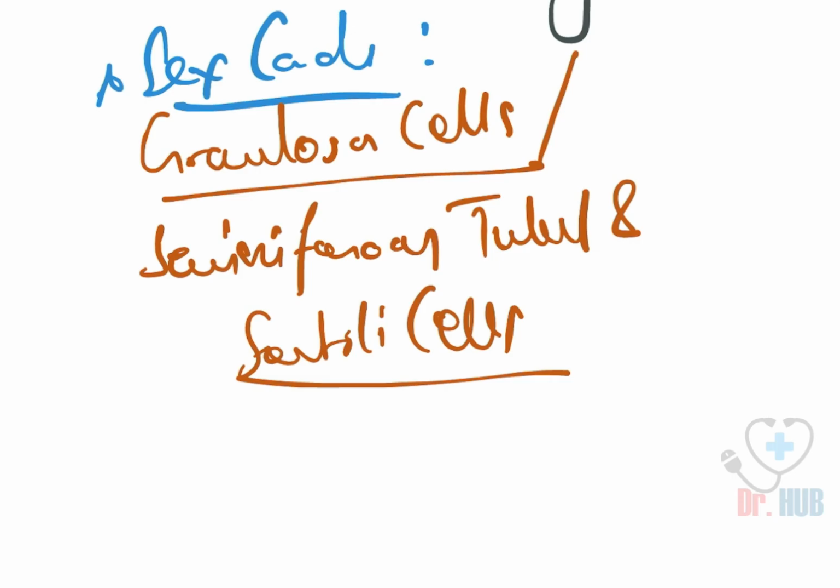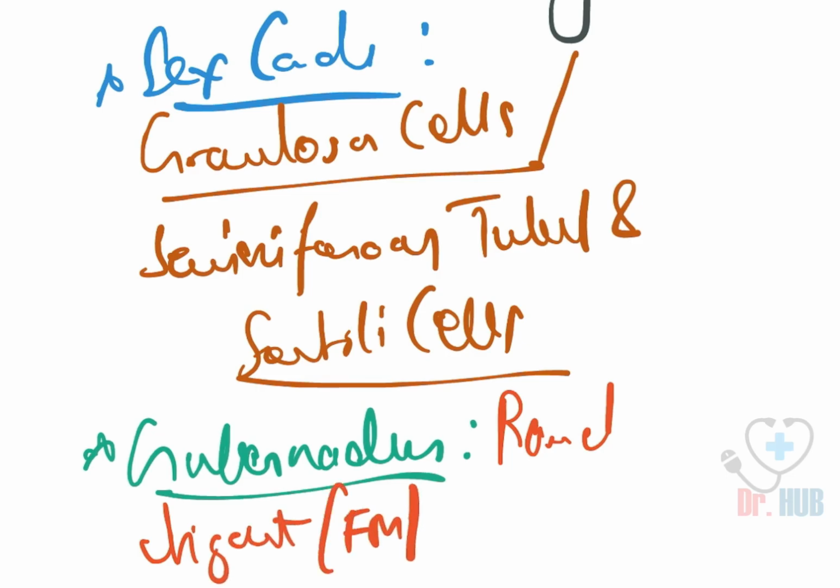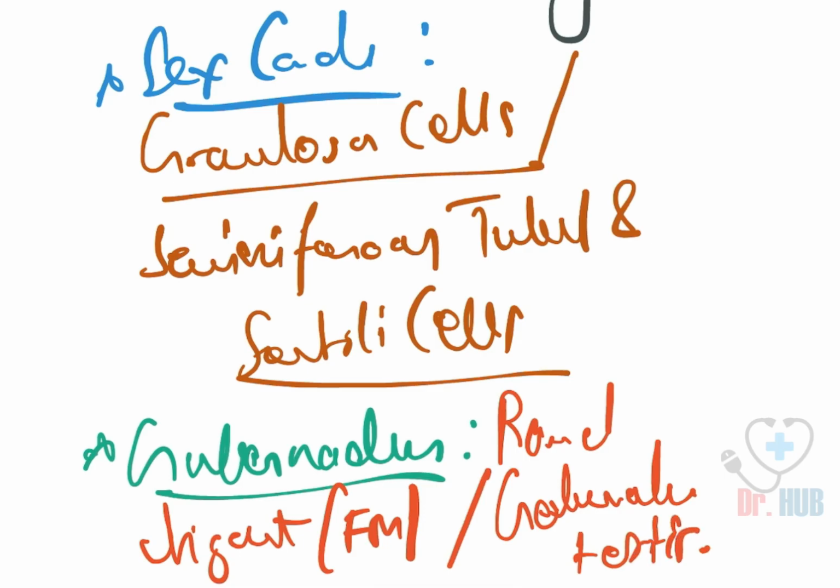Next, moving on to the gubernaculum. In case of gubernaculum, it is the round ligament. This is in case of the females. And in males, it is the gubernaculum testis. Then we move on to the mesonephric tubules.